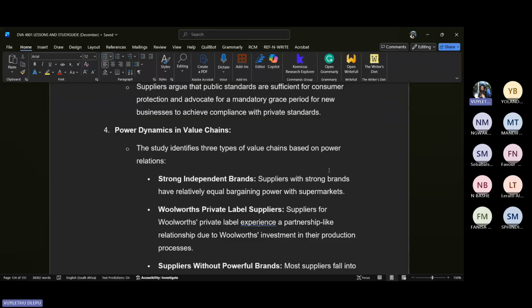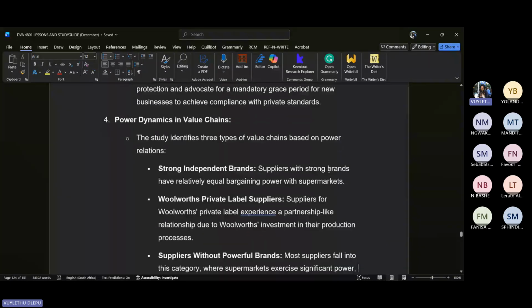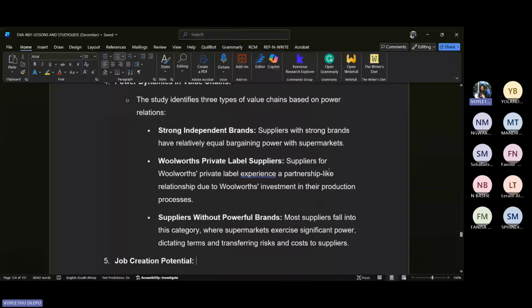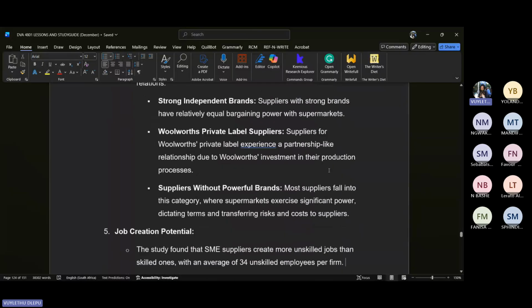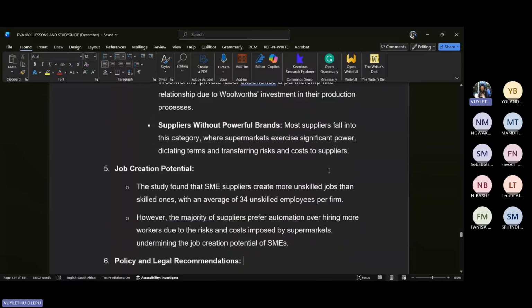Suppliers for Woolworths private label experience a partnership-like relationship due to Woolworths' investment in their production processes. And then there's suppliers without powerful brands. Most suppliers fall into this category, where supermarkets exercise significant power, dictating terms and transferring risks and costs to the suppliers.